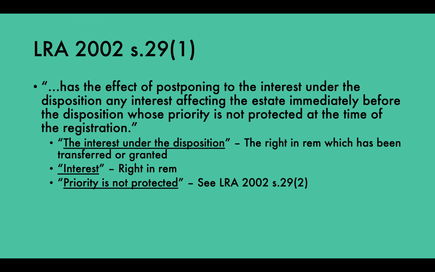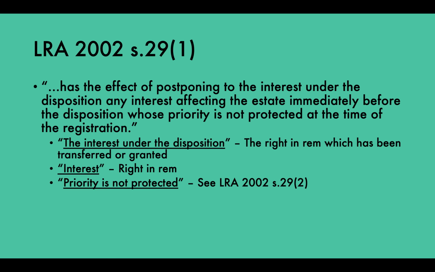I urge you to look at my video on legal and equitable interests that I did early on in my land law course. And then the priority is not protected. So the new interest will take priority over any pre-existing interest, rights in rem, whose priority is not protected. Just note that the word postponing here means that the new interest will take priority.